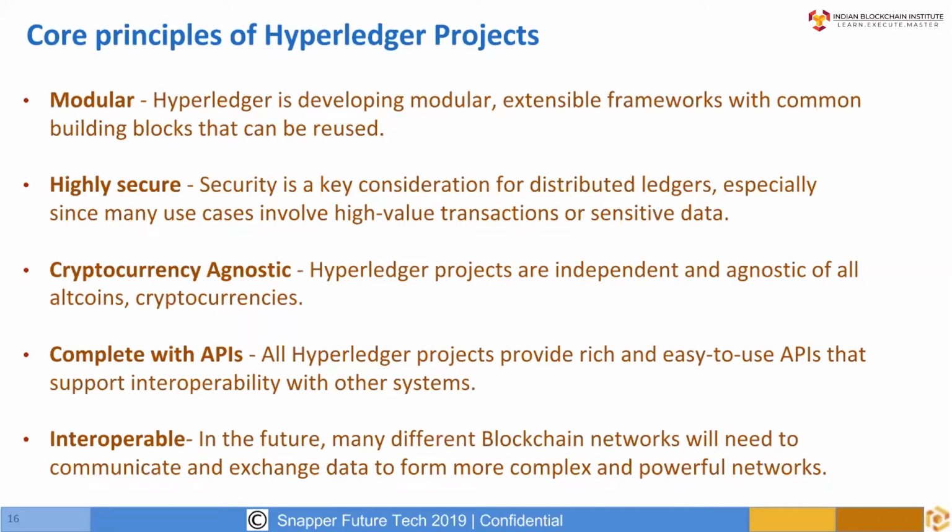Even within the Hyperledger umbrella, they have Hyperledger Besu, which is an Ethereum client, and Hyperledger Burrow, which is an EVM based project. So they are creating alliances, Ethereum and Hyperledger together, and coming up with projects that could work on both networks and interoperate between each other.